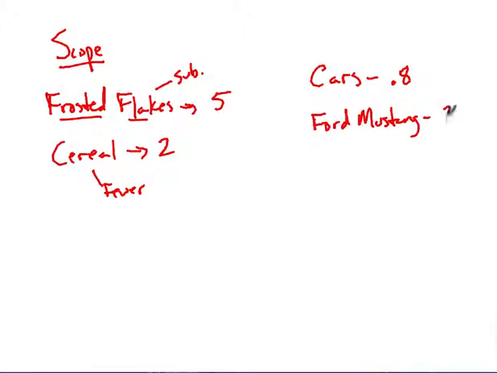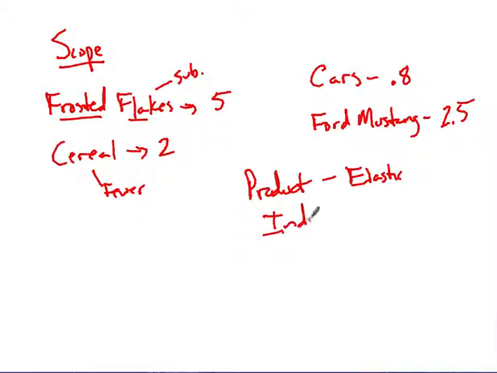And so the elasticity of the Ford Mustang would be much higher. So again, anytime you focus the market more closely on one product versus an industry, the product typically will be more elastic, while the elasticity value of the industry the product's in will tend towards inelasticity.